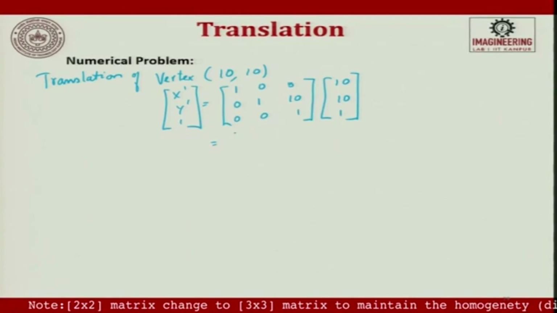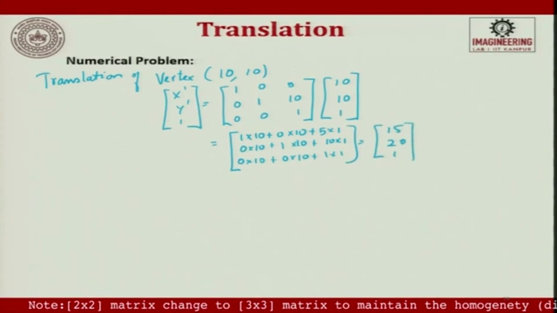This is written as 1 into 10 plus 0 into 10 plus 5 into 1. In a similar way, if you do it quickly, you get 15, 20, 1.